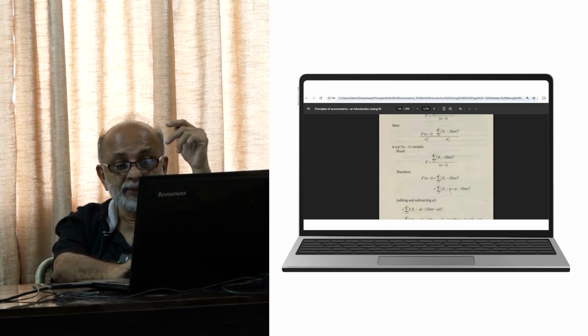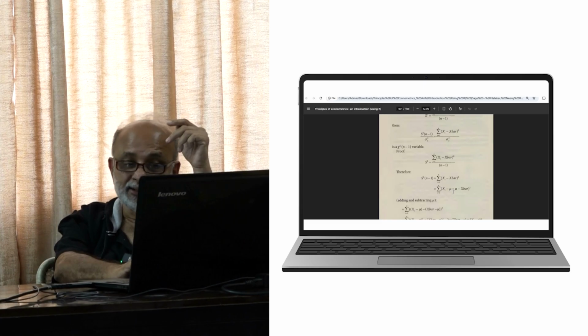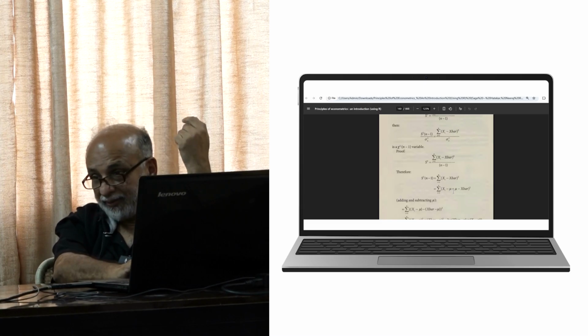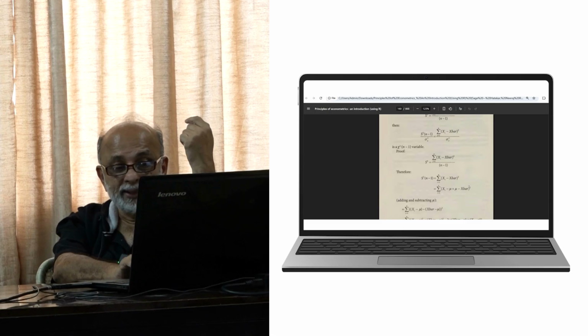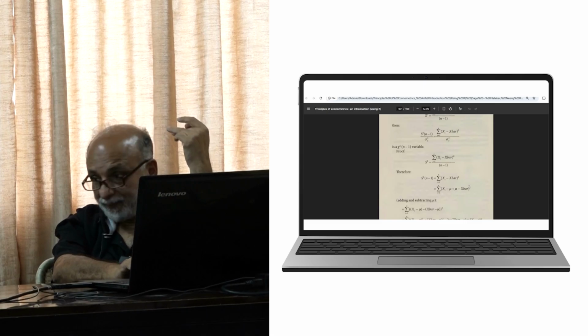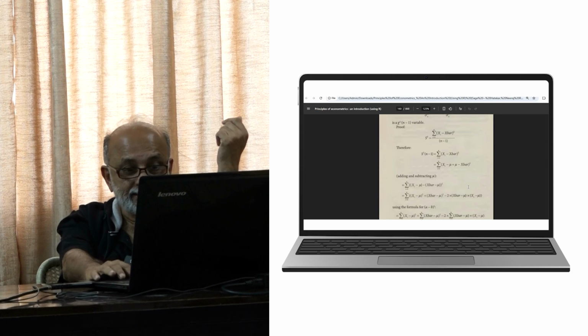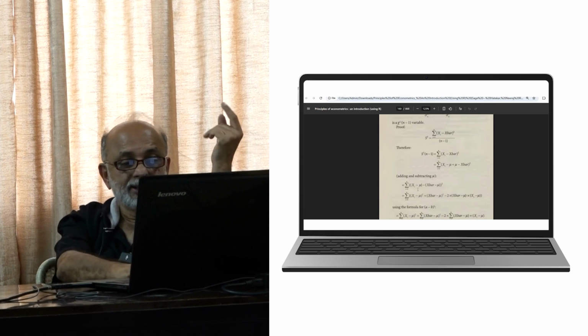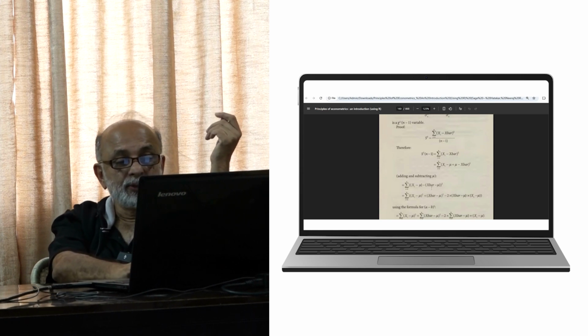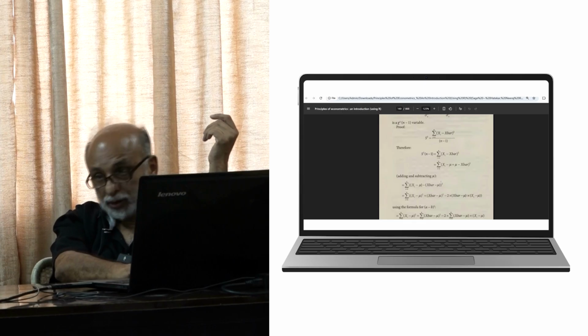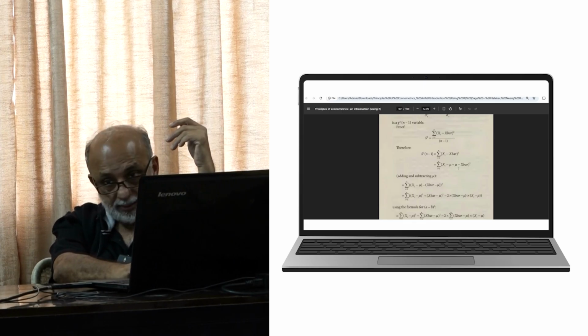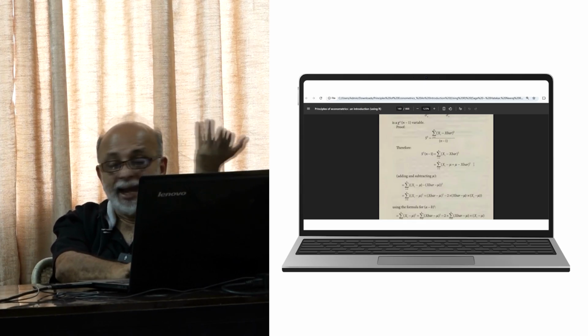Mu is the population mean, so inside the bracket let me add and subtract the population mean; it should not make a difference. Xi minus mu plus mu minus x bar, whole square. This can be rewritten like this: summation xi minus mu minus x bar minus mu, whole square. Just adding and subtracting.